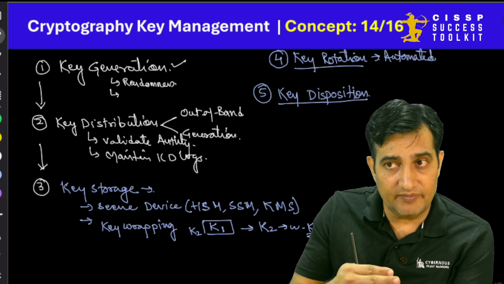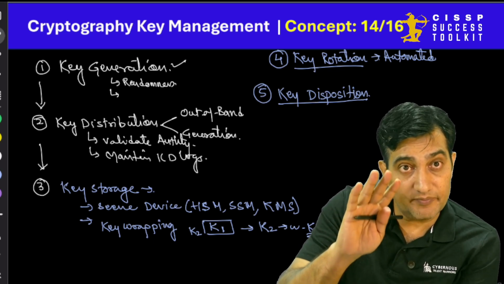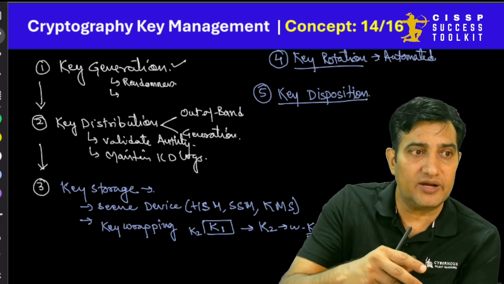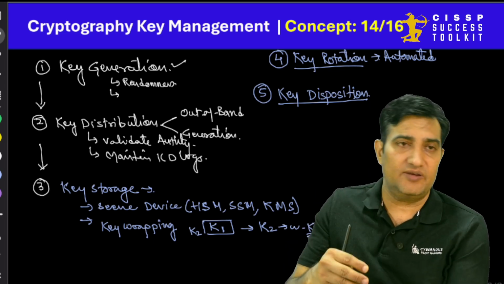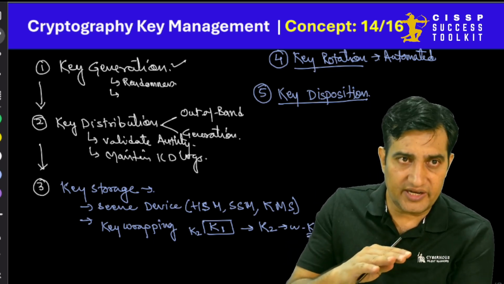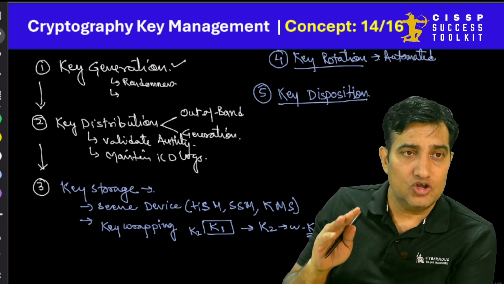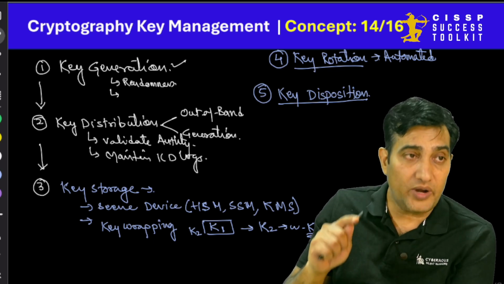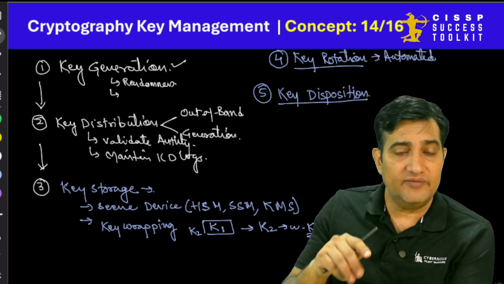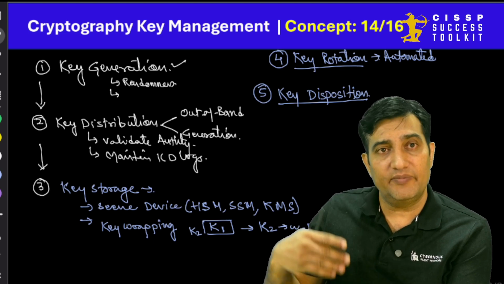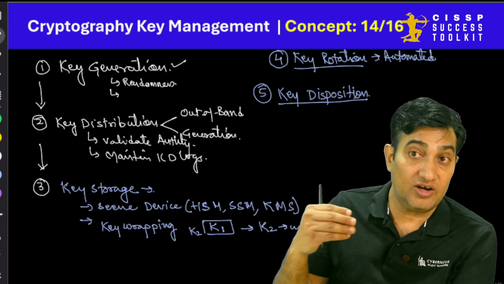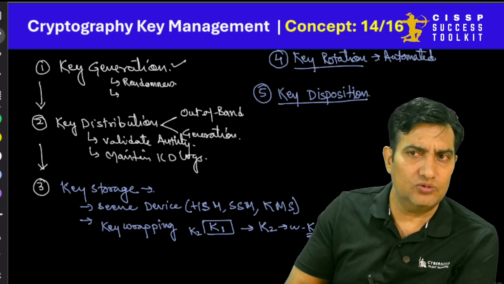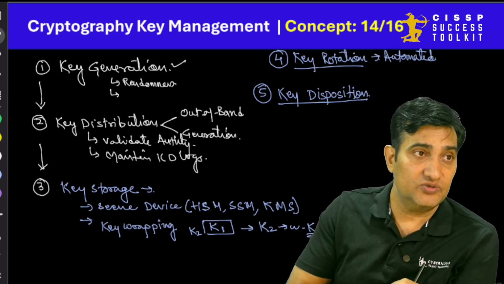And sometimes even before you destroy, you keep the key for some period of time, because in some cases of urgency or disaster recovery you may require it. But at the end of the day, the idea is you have to make sure that the keys are securely deleted. Why should a key be securely deleted? If somebody is able to get even an expired key, they will get a lot of idea what kind of keys you are using, what is the length of the key, and all those kinds of stuff. So you should never use it.